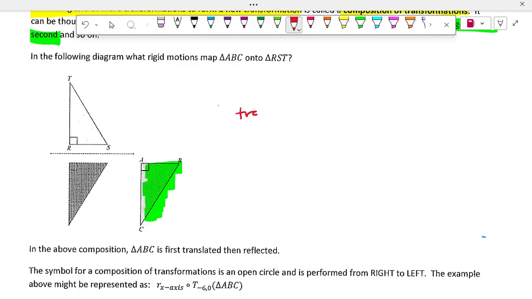Reflect across the axis. So translate left and reflect across the x-axis. Now, we don't know how far we're translating because we can't see the grid, but that's okay. I just want the generalization.